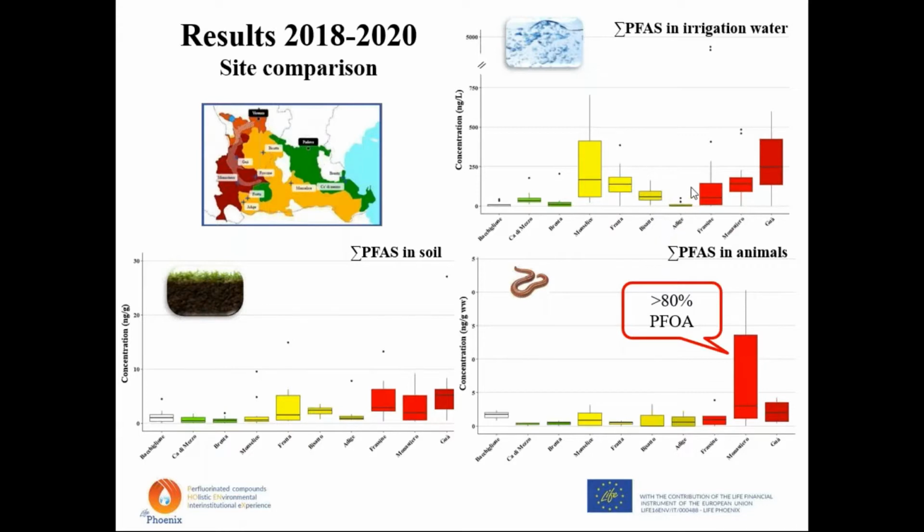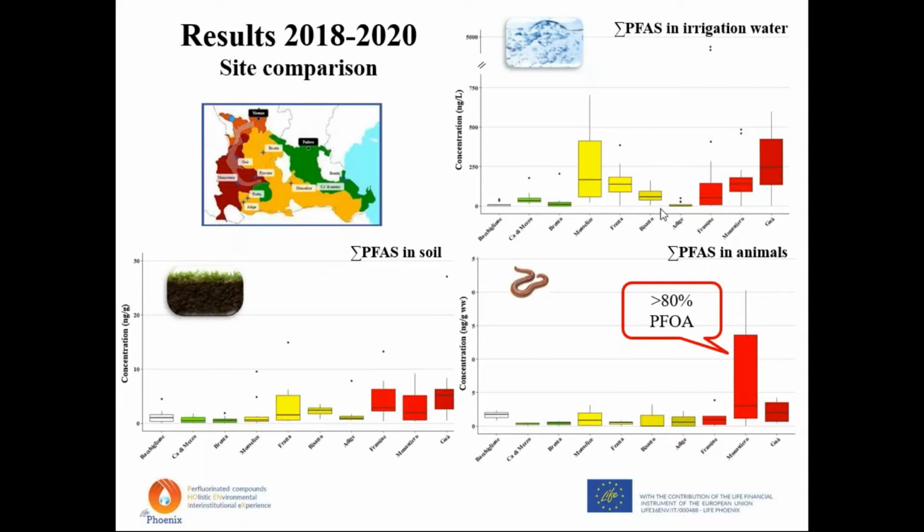In particular, you can see, for example, that in this sample site, that I cannot see on the map, the levels recorded were very much lower. And this is explained because at this point, the irrigation water takes water from the river.